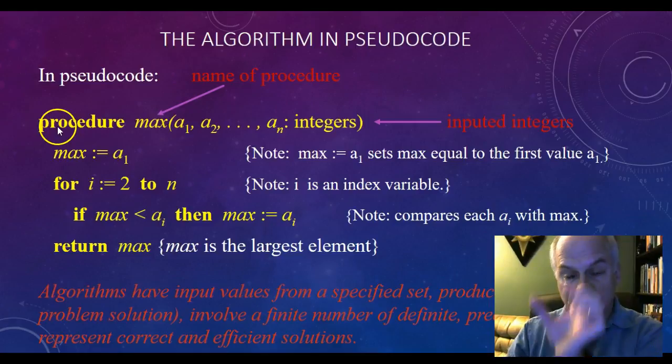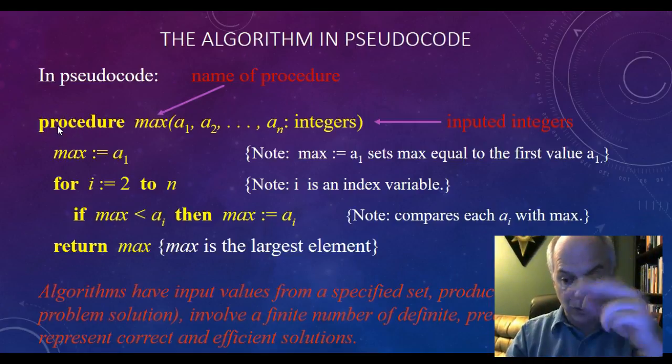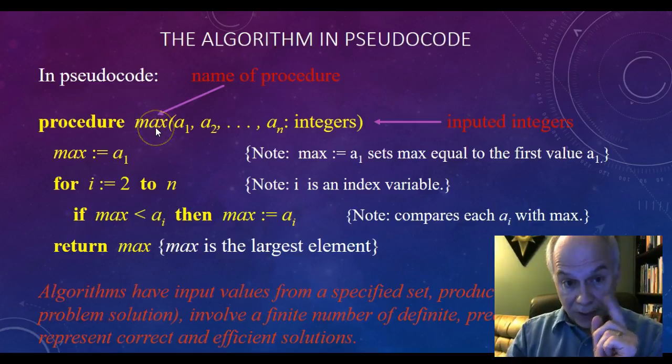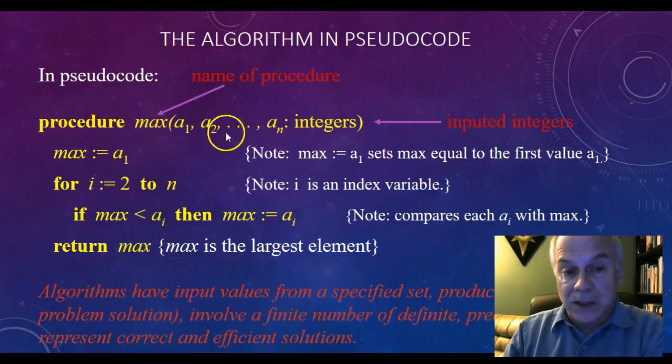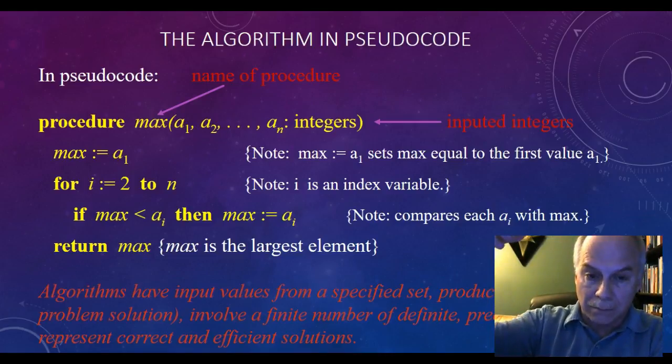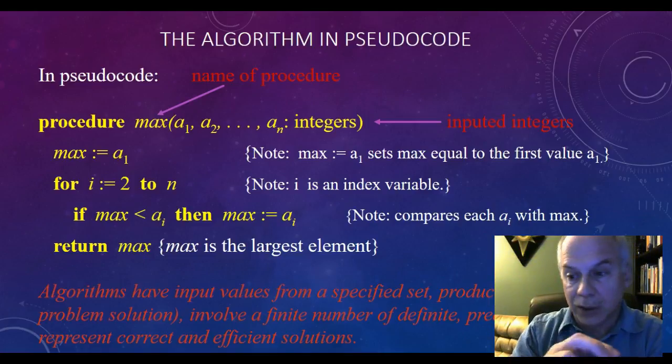And so we announce the beginning of this procedure, or a little subprogram. And then we give the name of the procedure. And then sometimes there are inputted integers into the procedure, integers that are loaded into the procedure so it can work on those integers.